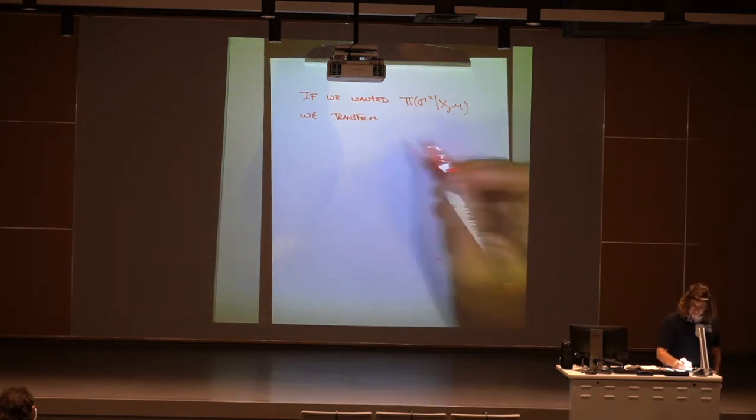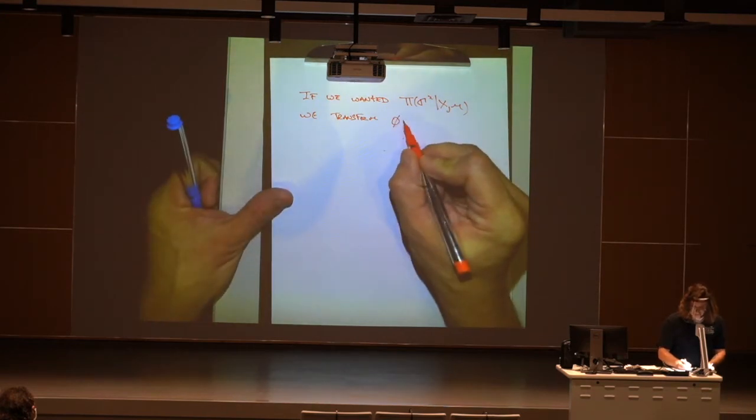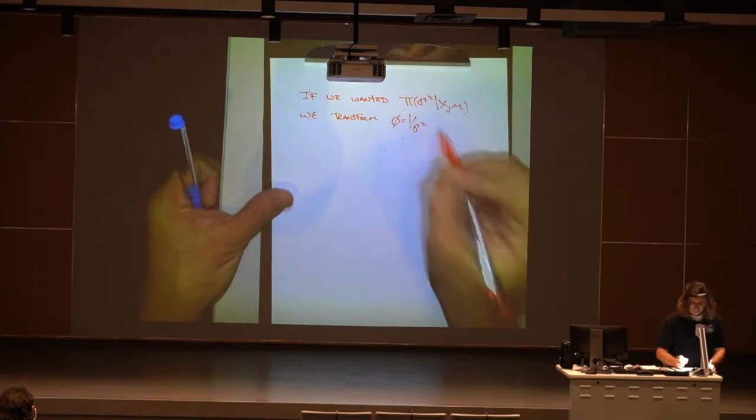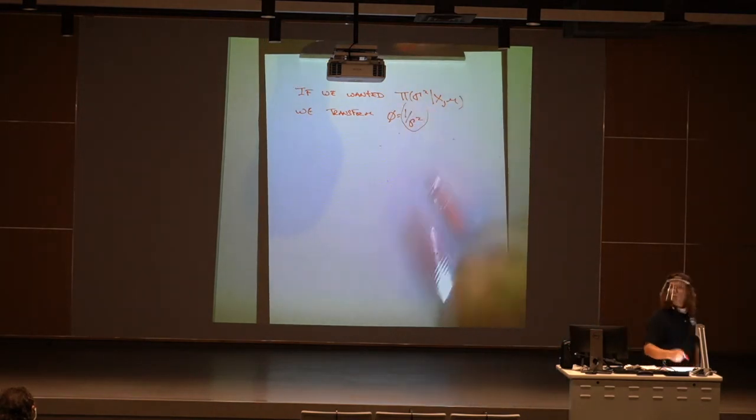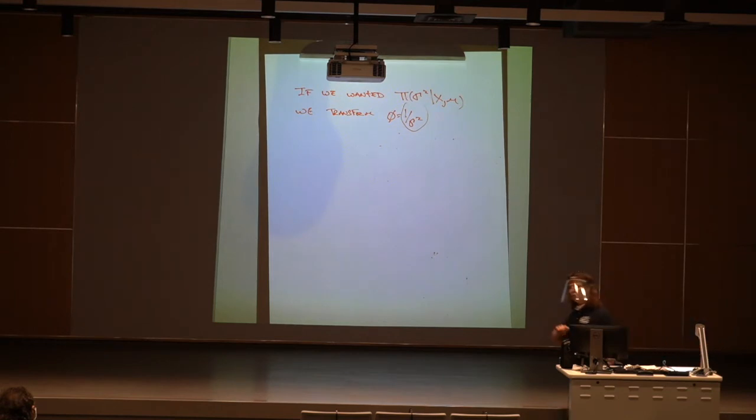So what that means is everywhere I see a phi in my analysis, I plug in a 1 over sigma squared. And then I take the Jacobian, or the derivative, of 1 over sigma squared as well. Remember, you're taking the derivative with respect to sigma squared.